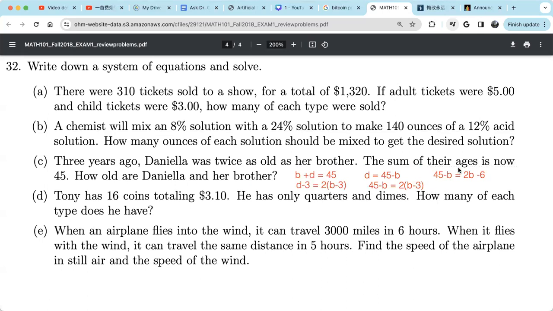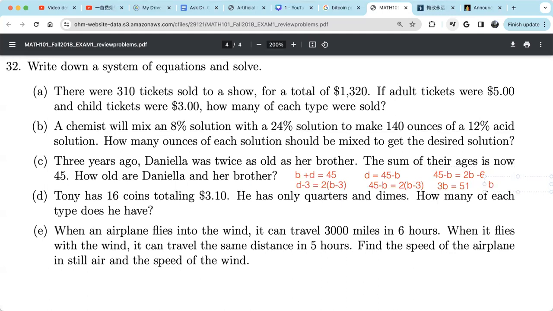Then we move negative B to the right-hand side: 2B plus B, that's 3B. 3B equals, then we move negative 6 from the right-hand side to the left, so basically we add 6 on both sides. 45 plus 6, that's 51. Then we divide by 3 on both sides.